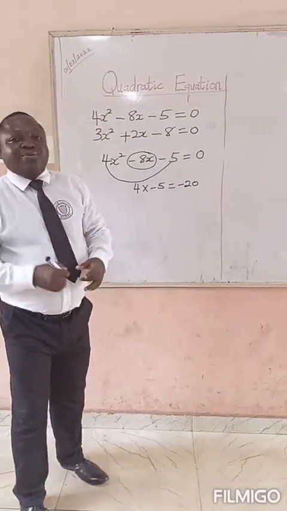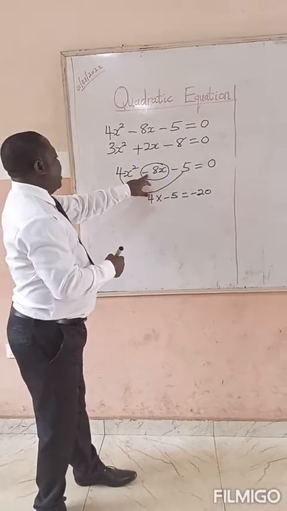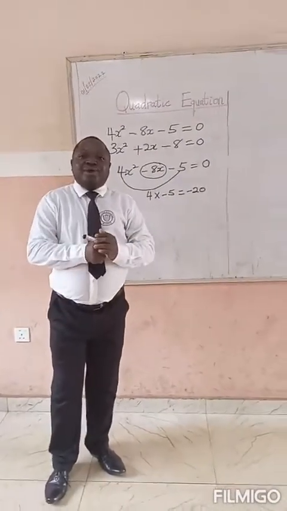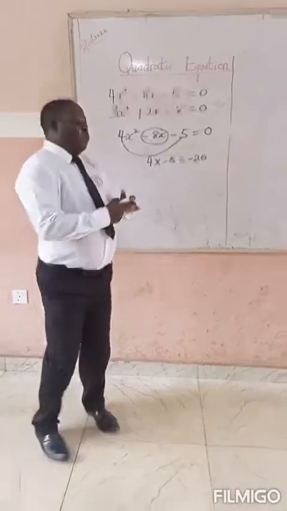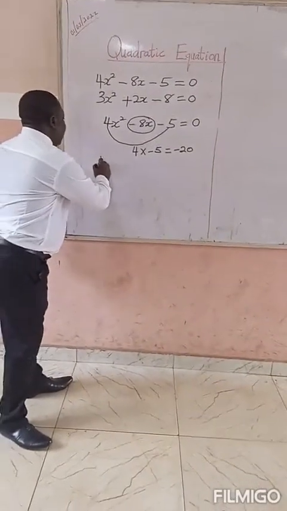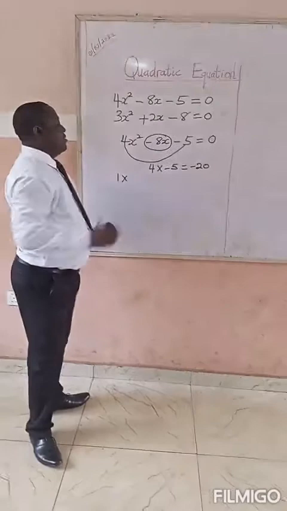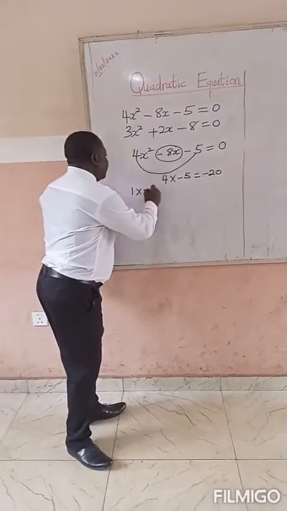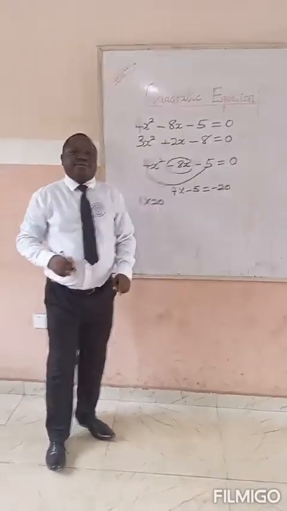And if I add those two numbers, I will get minus 8. For us to be effective in doing that, we need to list all the numbers we can multiply to get 20. So 1 times 20 will give us 20.